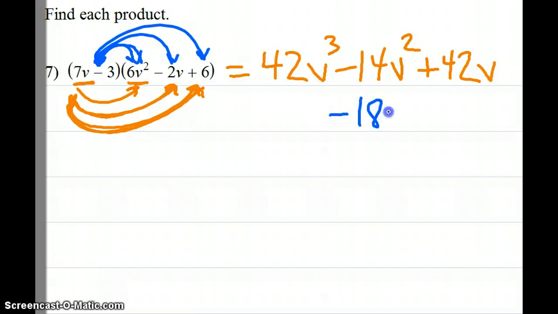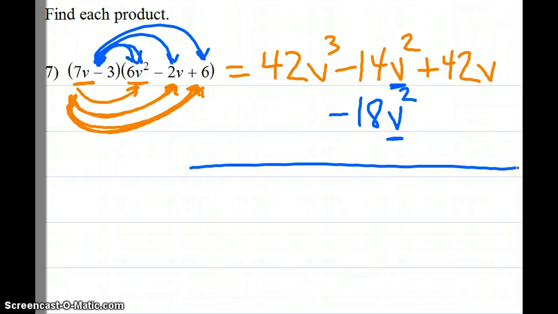And since I know I'm going to have like terms, I put that right underneath the v squared terms so that when I look at final answers, those look alike and I'll be able to combine those for a final answer. When I talk about combining the negative 3 with the negative 2v, that's a positive 6v. And then when I distribute through, a negative 3 times a 6 is a negative 18.